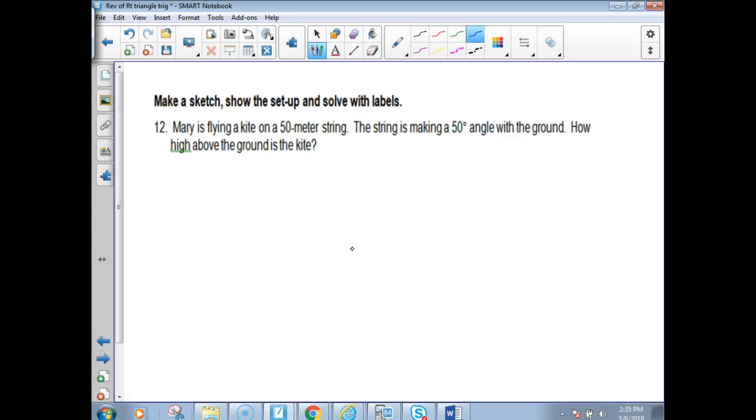Do this one? Okay. Mary is flying a kite. I would think it would look something like that if Mary was out there in her field. Now, the kite's on a 50-meter string, and it's making a 50-degree angle with the ground.